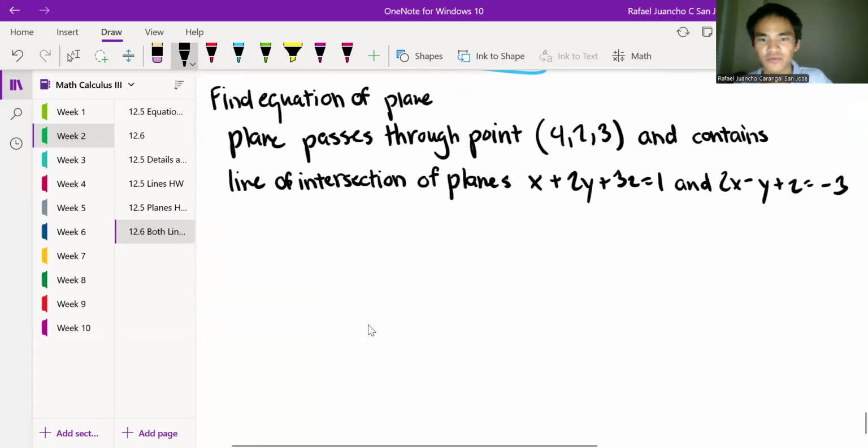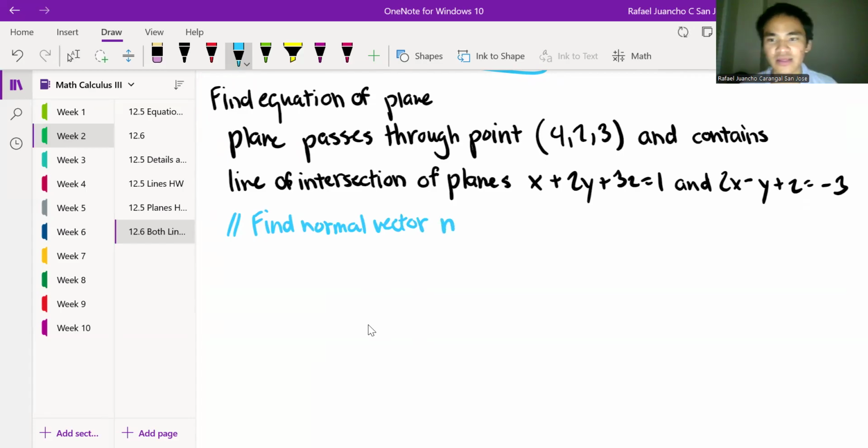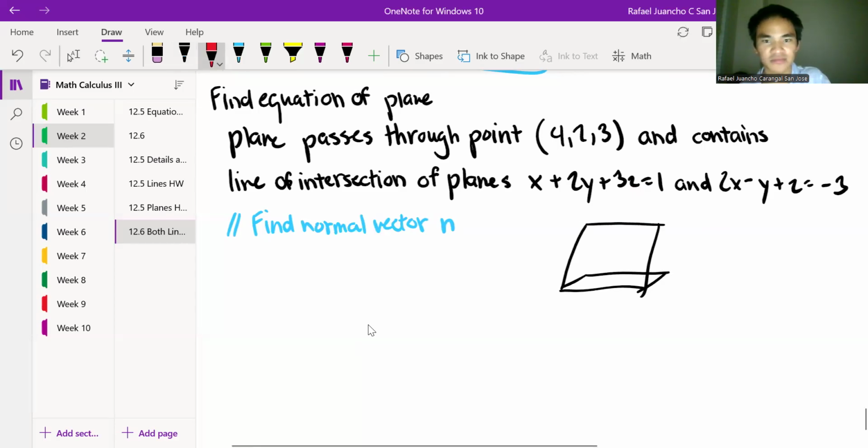Okay, now how do we do this again? Well, we have a point. Check. Now we just need to find a normal vector n. We have that plane, this plane, the line of intersection here, right?